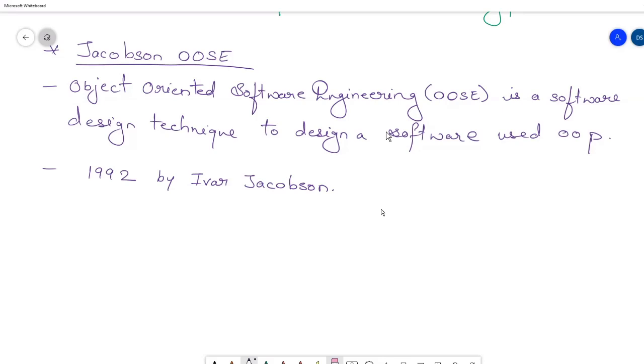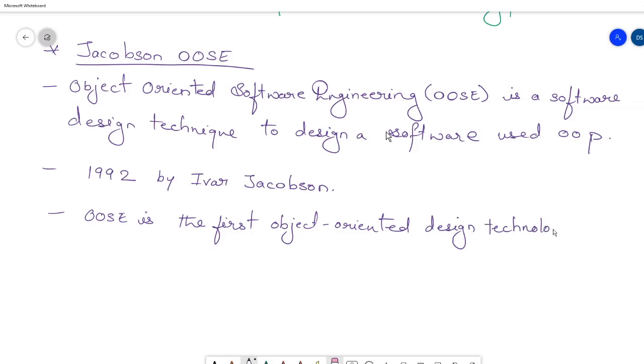OOSE is the first object-oriented design technology that used use cases in software design.